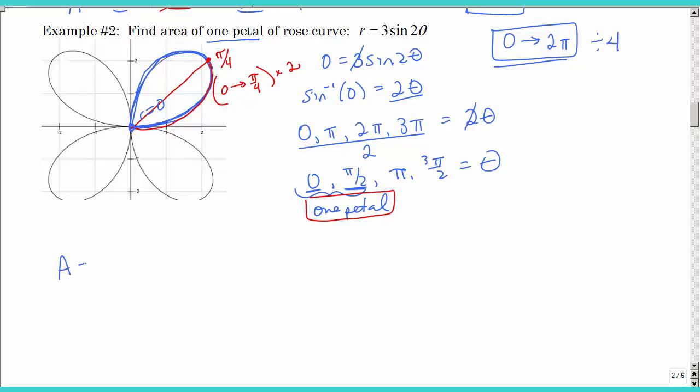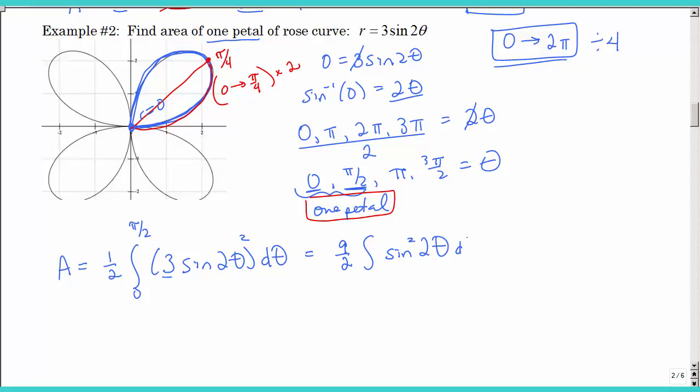Right, so my area is going to be 1/2 between 0 and pi over 2 of r squared d theta. So 3 squared is 9. I'm going to take that on the outside of the integral. Then I have sine squared of 2 theta. So here's that sine squared, just like I had cosine squared.